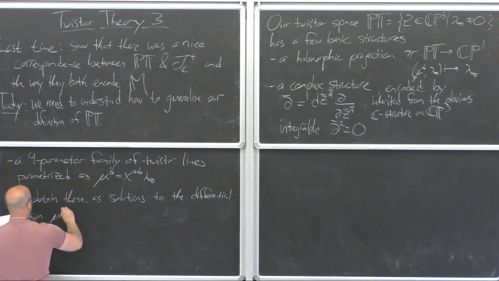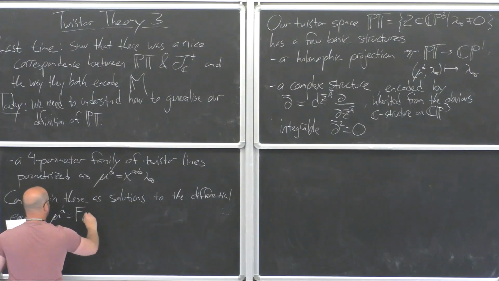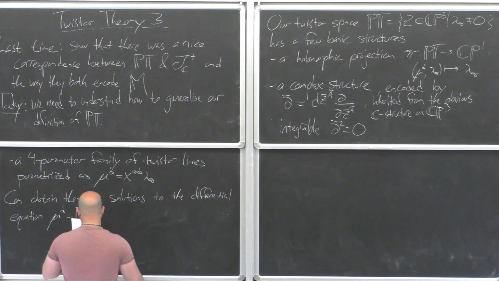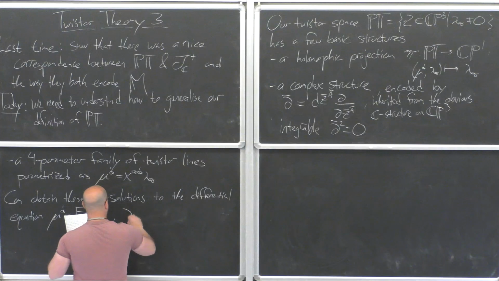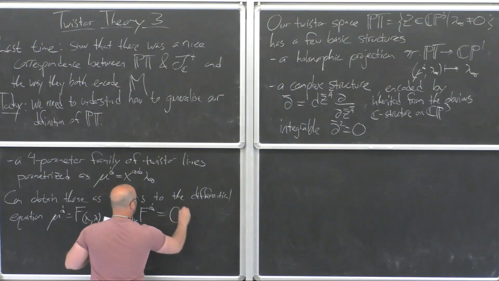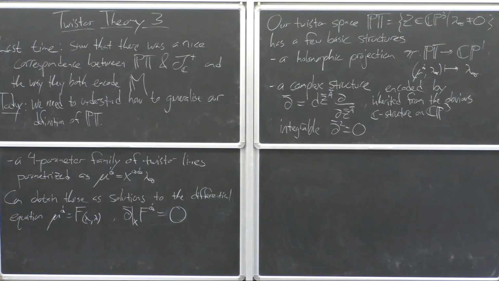where I say I'm going to let mu alpha dot be some function f of x, lambda, where x labels my curve, my twistor line. And then I demand that this function f be holomorphic on that line. Right?